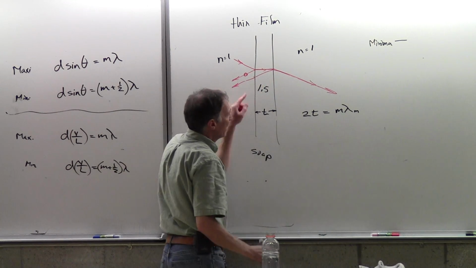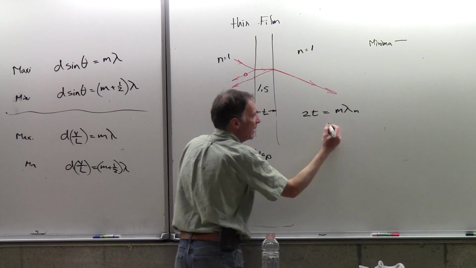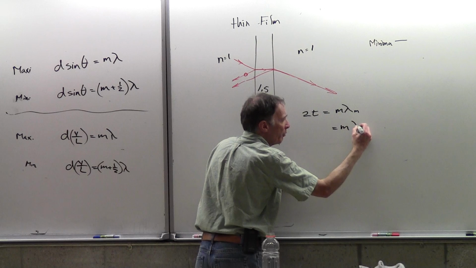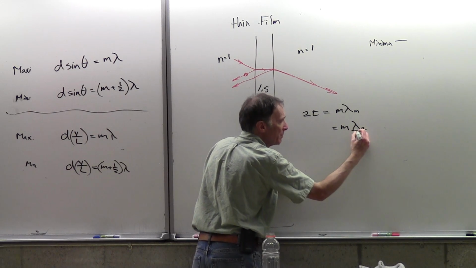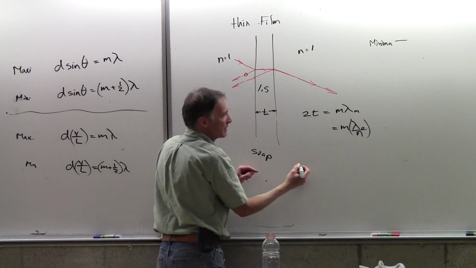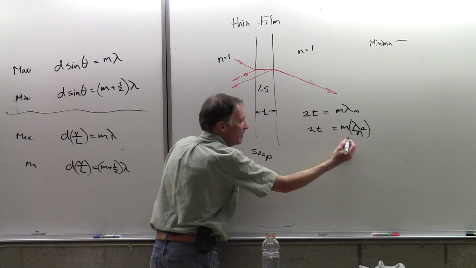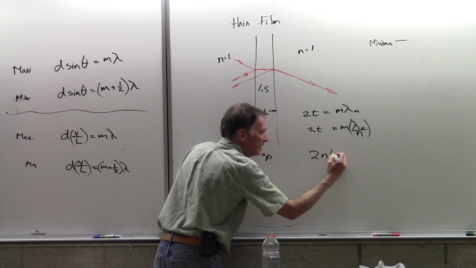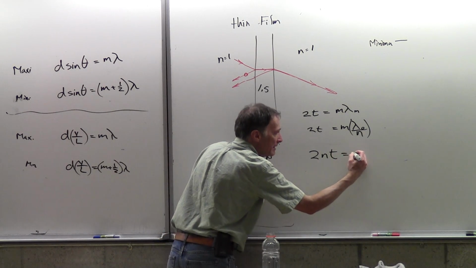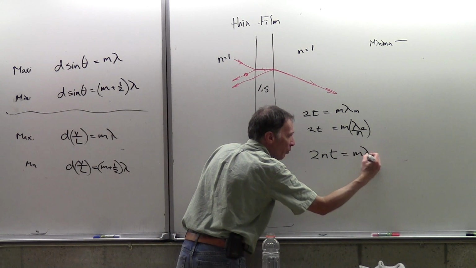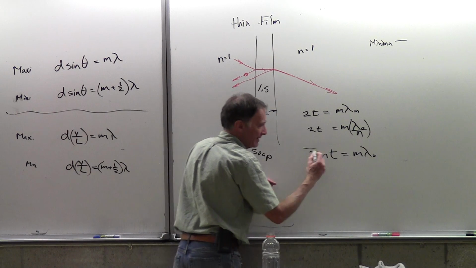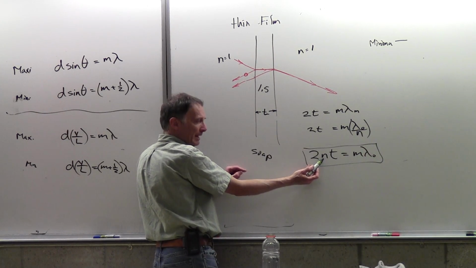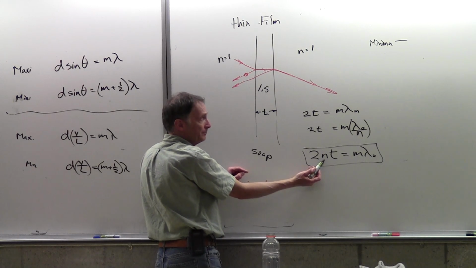Now one thing we want to do is express the wavelength in the medium as the wavelength of free space divided by the index of refraction of the medium. So usually we'll write this as 2nt is equal to m times the wavelength, but that wavelength is in free space. We're accounting for it being in the medium, the soap, with this n.